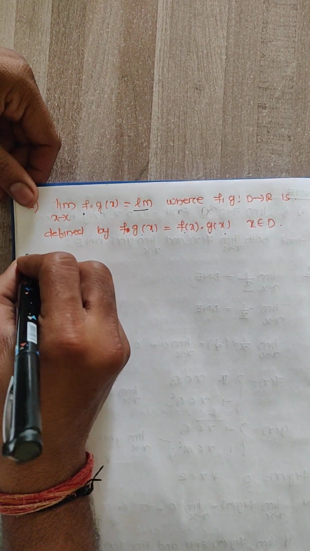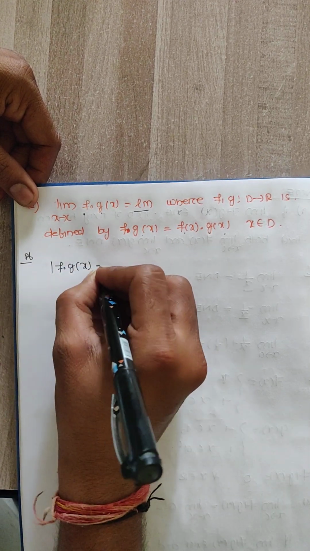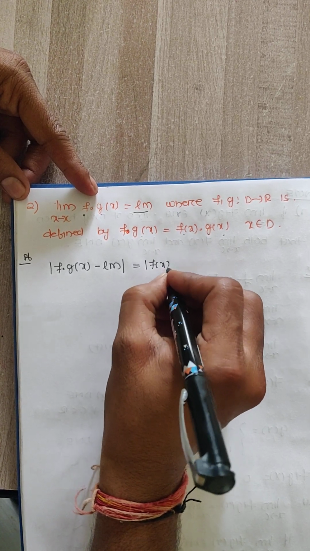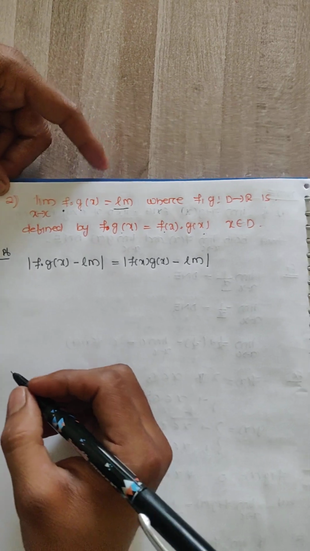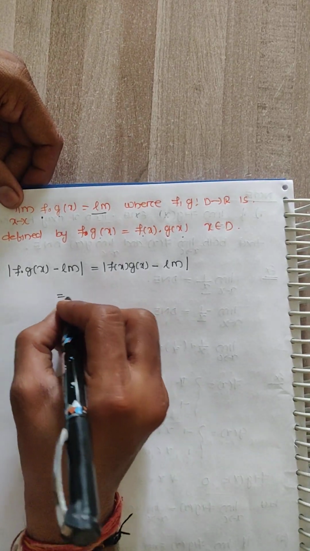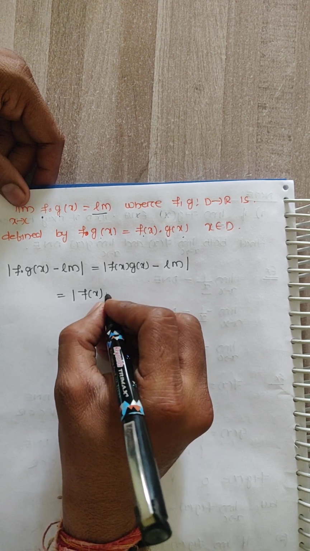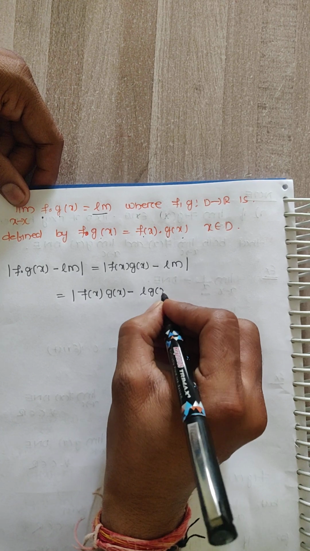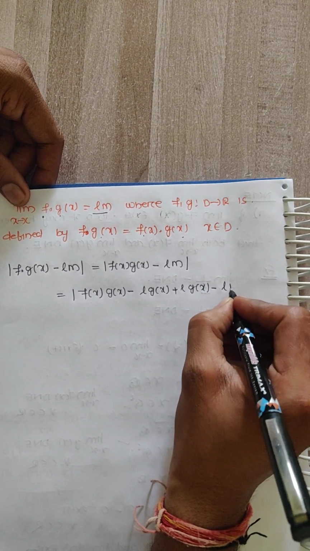Now the proof of this theorem was that (fg)(x) minus L into m is nothing but f(x) into g(x) minus L into m. I am writing it as f(x) into g(x) minus L into g(x) plus L into g(x) minus L into m.